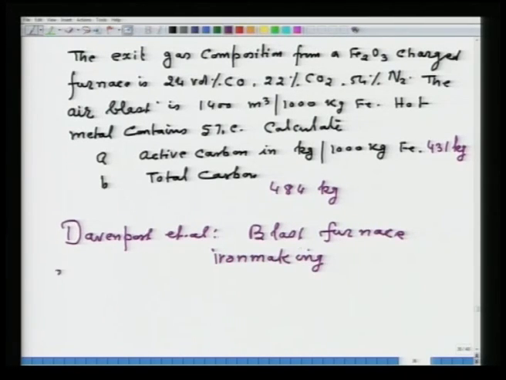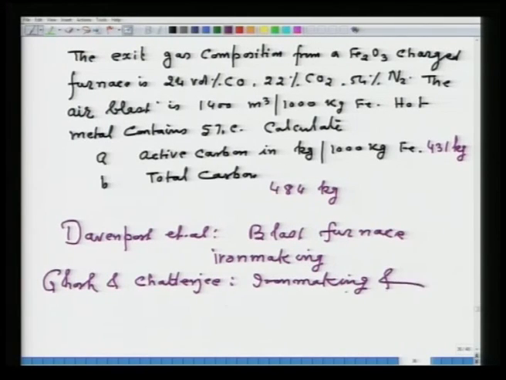You can also consult the book by Ghosh and Chatterjee, Iron Making and Steel Making. So, with this I finish the lectures on reduction smelting as a unit process. In the next lecture we will see the next unit process, that is converting.